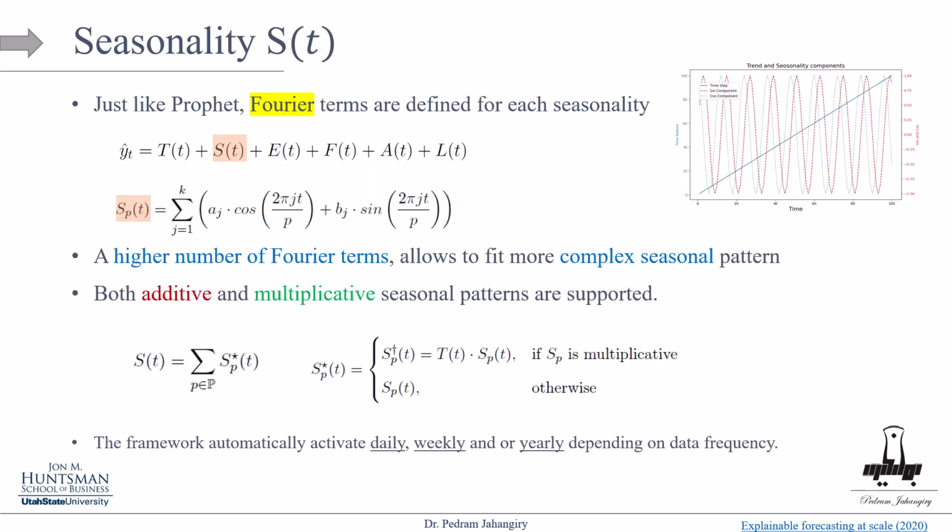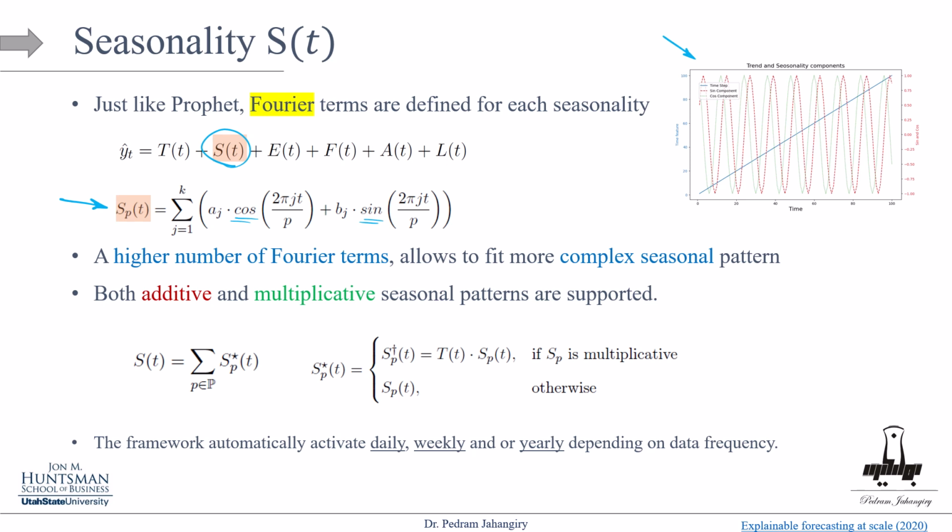Okay, so the second component is S, seasonality. Just like the Prophet model, we're going to use Fourier terms to define each seasonality. Here's the formula for that. If you remember, we talked about Fourier series in the previous theory lecture when we covered Facebook Prophet. It's a combination of sine and cosine.